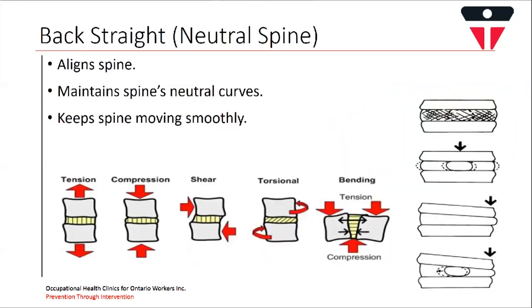Keeping your back straight or neutral maintains that compression, that equal balancing of the fluid. Once we start getting into that bending motion, we start getting tension being exerted within the disc, and that fluid gets pushed towards the back. So you want to maintain our natural curves, keep our spine nice and straight to stay in compression.